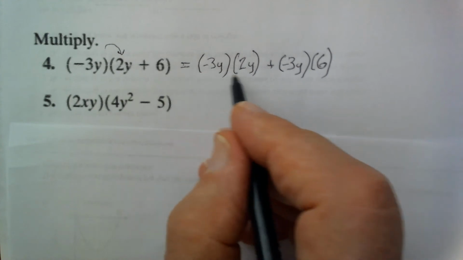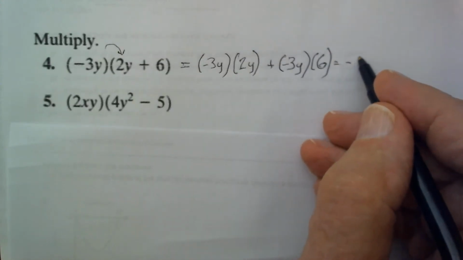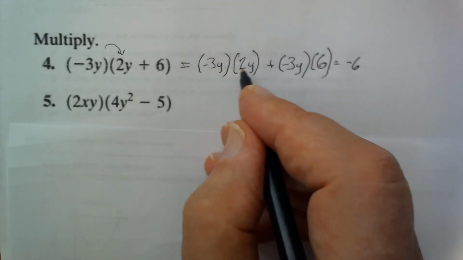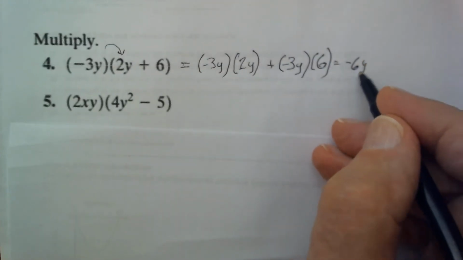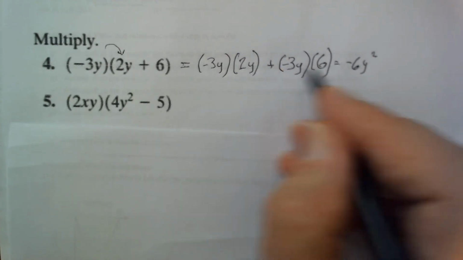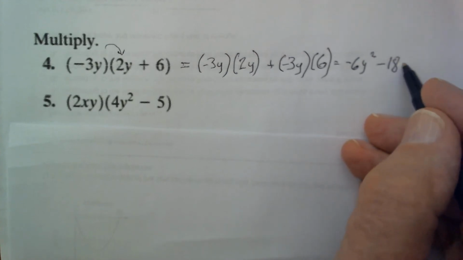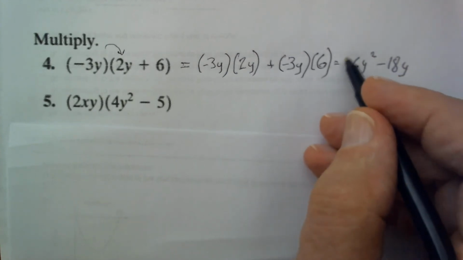So minus 3 times 2 is minus 6, and y times y is y squared. And 6 times minus 3 is minus 18, so minus 18y.